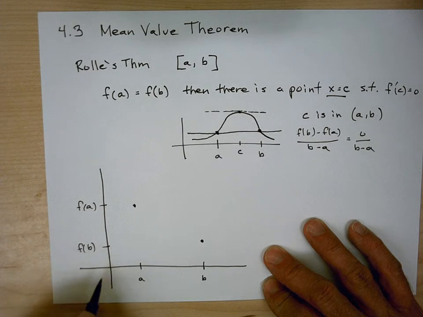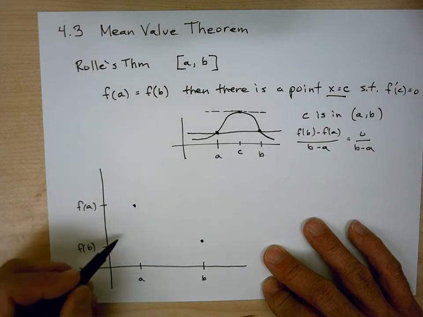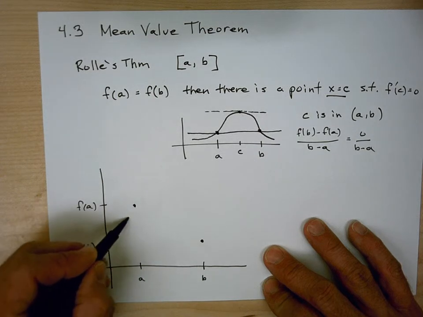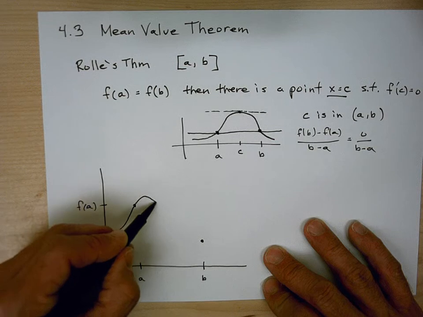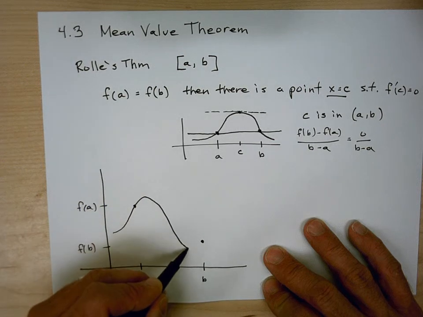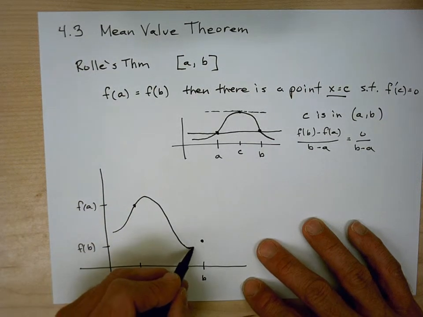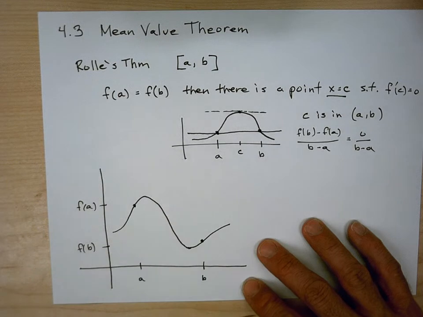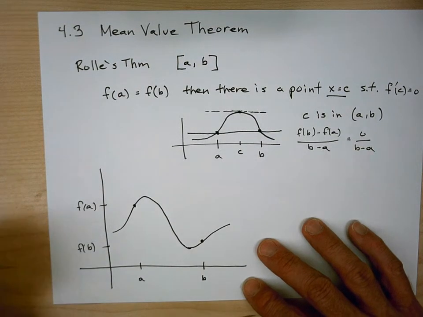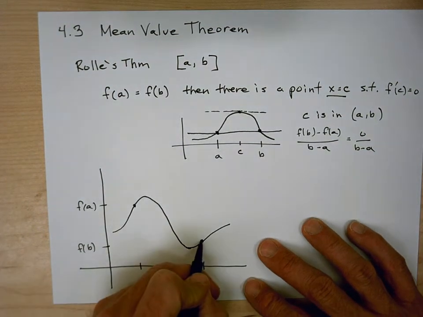We connect these with a smooth curve. For example, I could come up here like this, come back down here, and then come back up and go through B. This is just a random example.